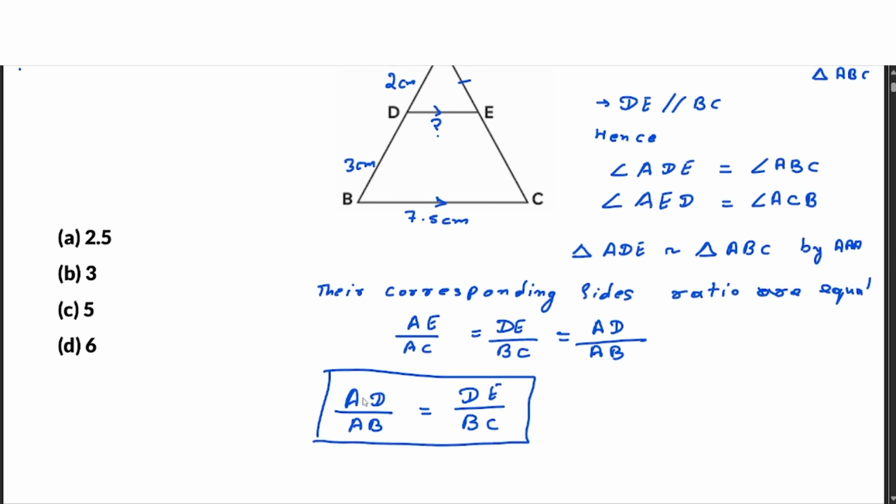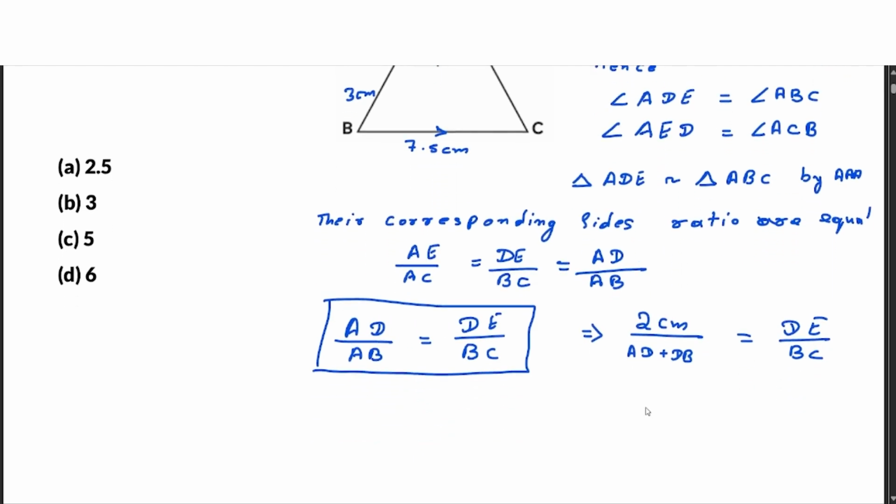In the question we have been given AD and AB, and we have to find DE. So AD is equal to 2 centimeter, and AB is AD plus DB, is equal to DE over BC.